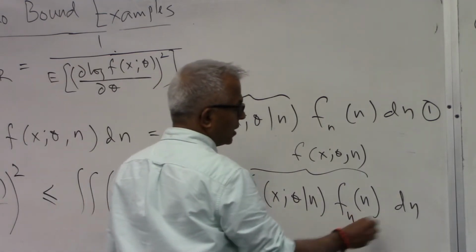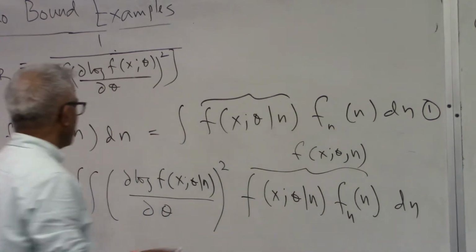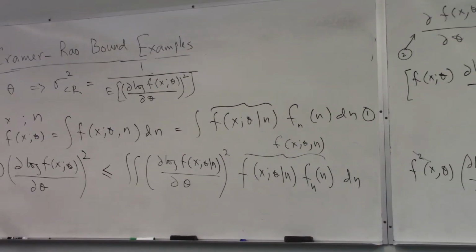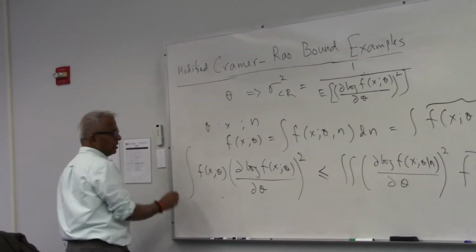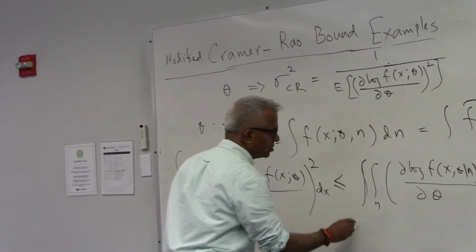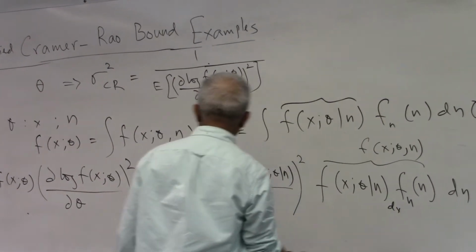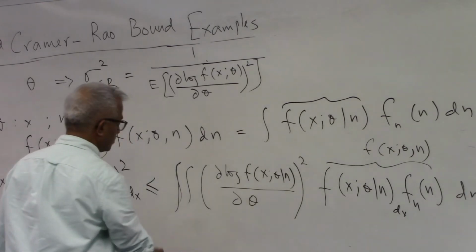So the outer integral is on n, inside is the summation. Ultimately I'm going to do an expectation or integration on x. This integration is on n, this integration is on x, so there is also going to be dx. I can do the dx first and then the dn.